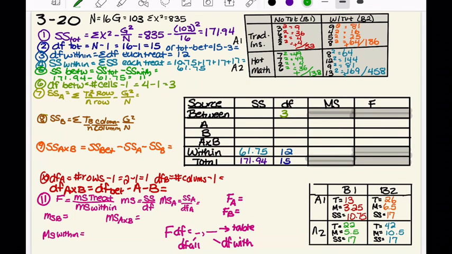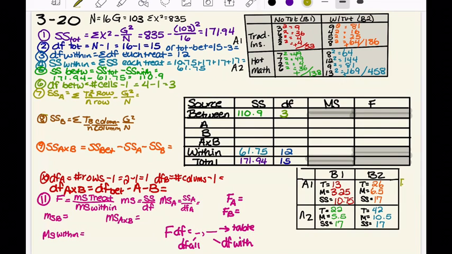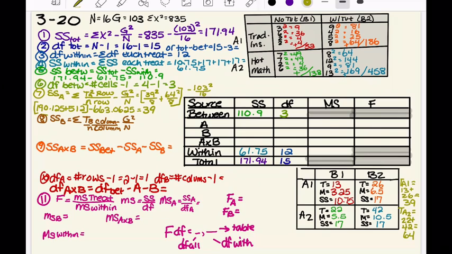To calculate the sum of squares for factor A, we'll have to add up our T scores in each row, square them, divide them by the number of participants for that treatment, add the rows together, and then subtract our grand total squared divided by the total number of participants.